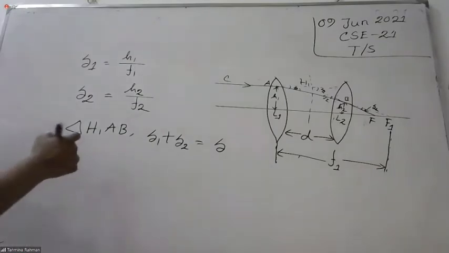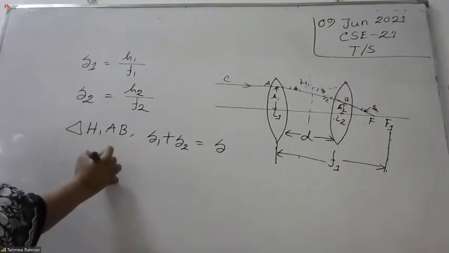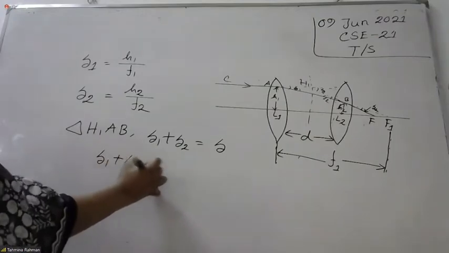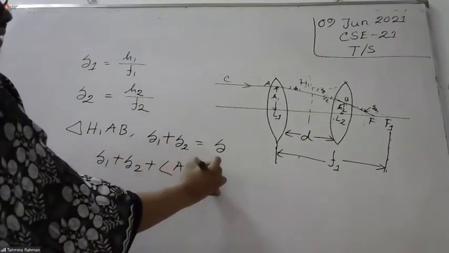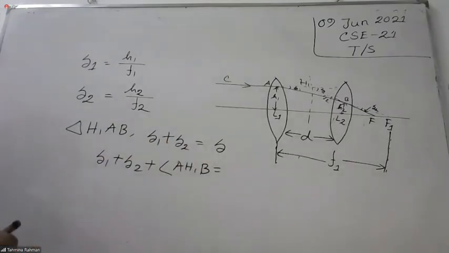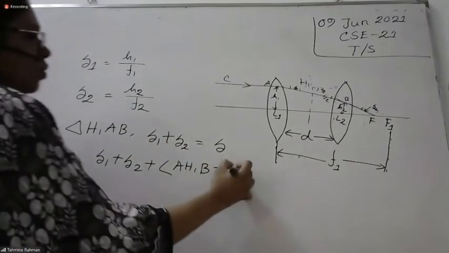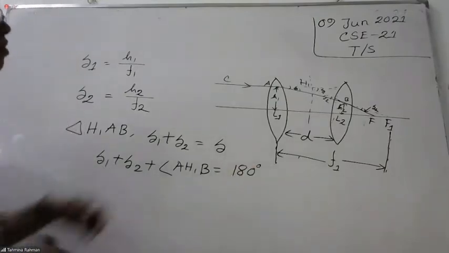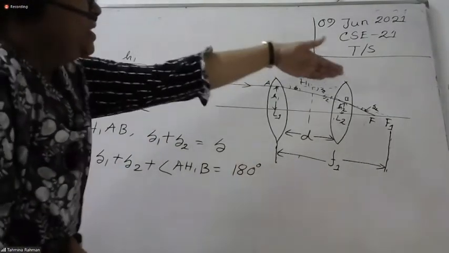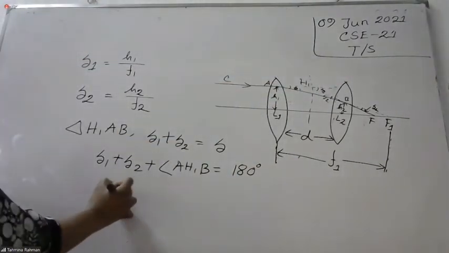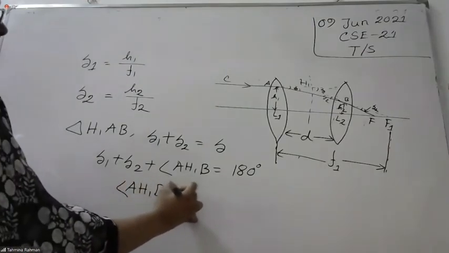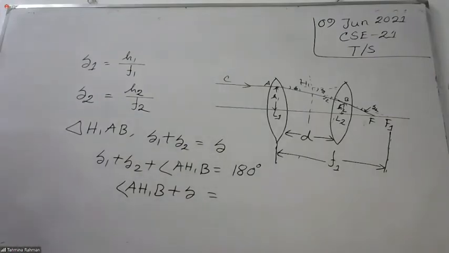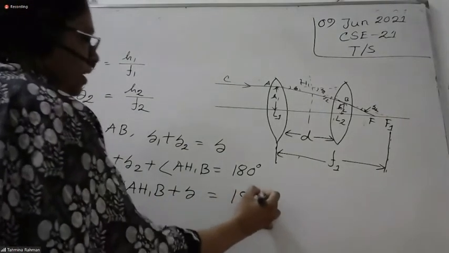Look, in this triangle, del 1 plus del 2 plus angle A H1 B equals how much? 180. Good. Now that is a straight line, so angle A H1 B plus del equals how much? 180 degrees.